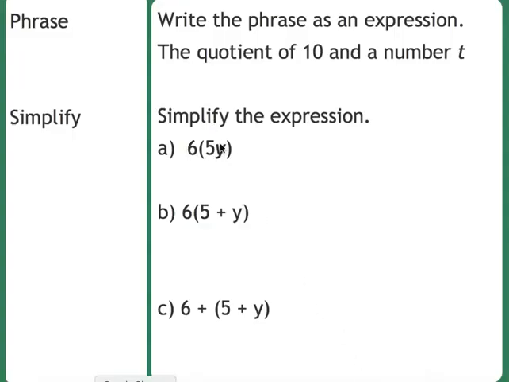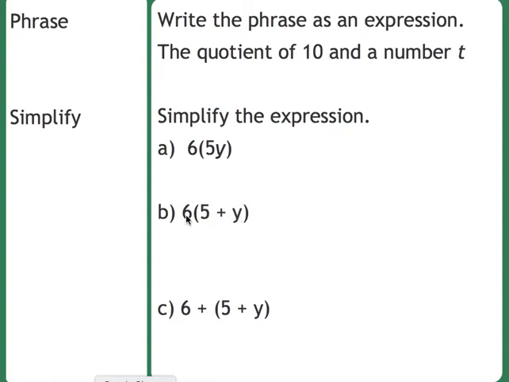All right, so then you need to simplify. So we have 6 times 5y. So this is like you have packets of 5 yogurts. So 6 people bought 5 yogurts. So how many yogurts do you have altogether? For B, it's like we have someone that has $5 plus a yogurt.